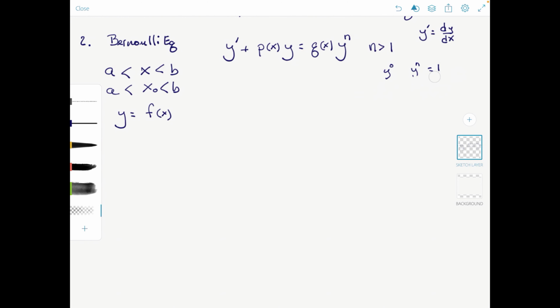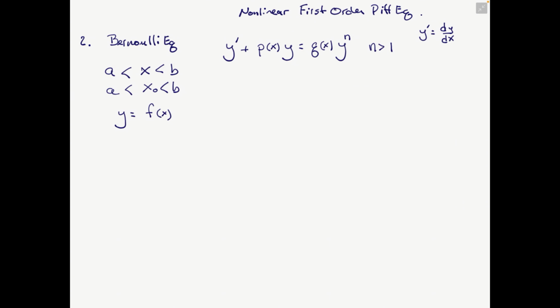Because when n is 0, then y to the n is 1, and when n is 1, then we have y. That would be the linear case, and in both situations we wouldn't have a nonlinear. It has to be n greater than 1.